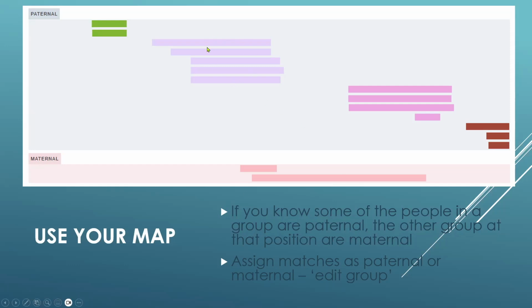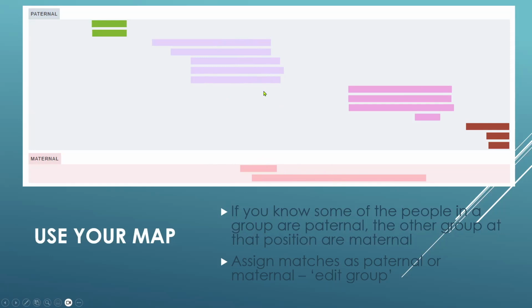So I do know that this group is paternal, as is this group, and that means that this group then has to be maternal. But you can see here that this group is vertically above this group down here. So if these people were also paternal, they would be part of that group.